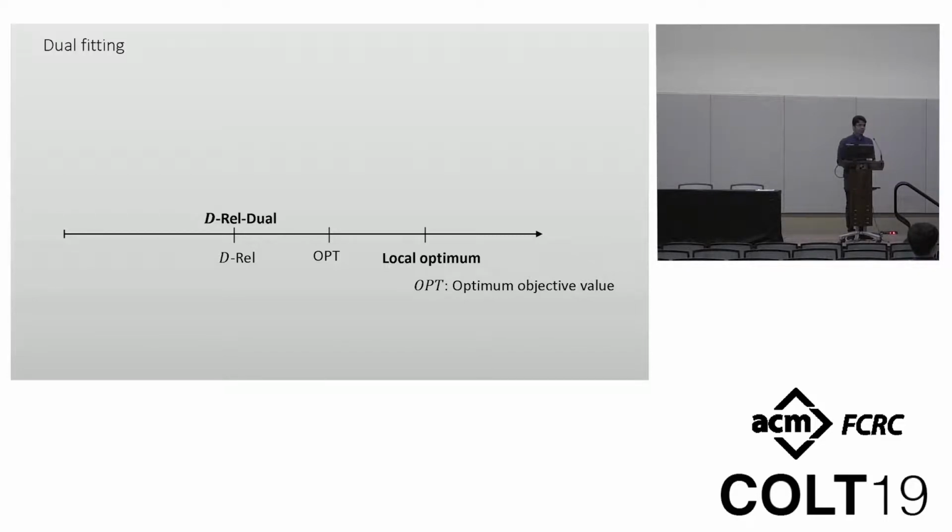Then we formulate its dual. By strong duality, the convex relaxation and its dual have the same objective. And then based on the local optimum solution, we construct a dual solution. And we prove certain lemmas and compare the cost of the local optimum solution with this dual solution. And we show that the gap is at most 1 plus epsilon, which would indirectly prove that the gap between our local optimum and the optimum solution is within a 1 plus epsilon factor.